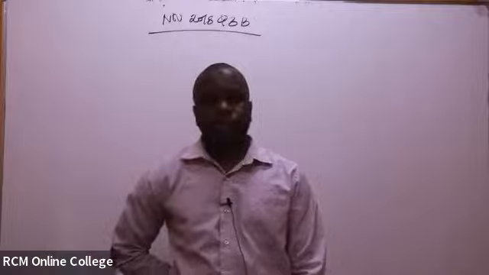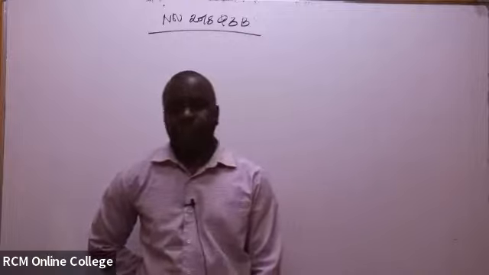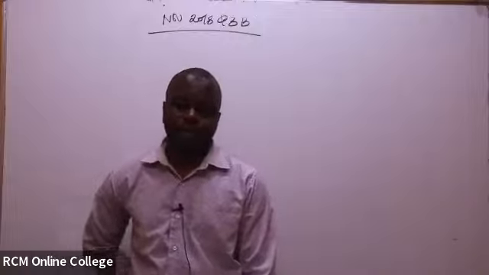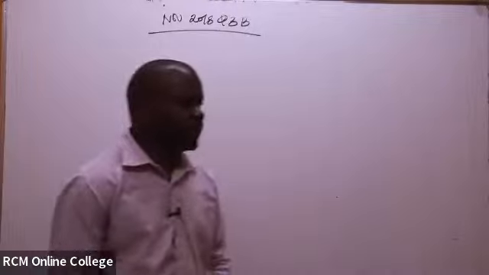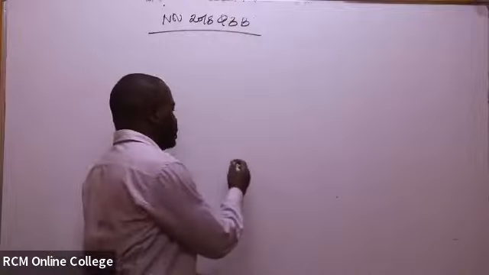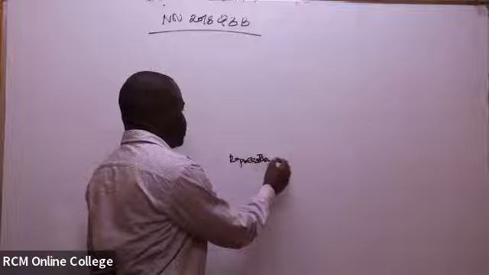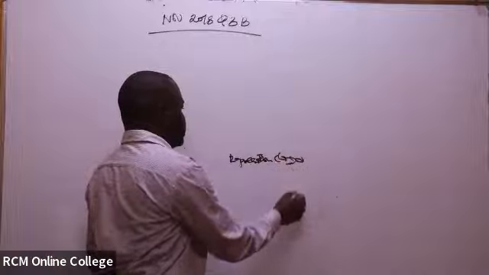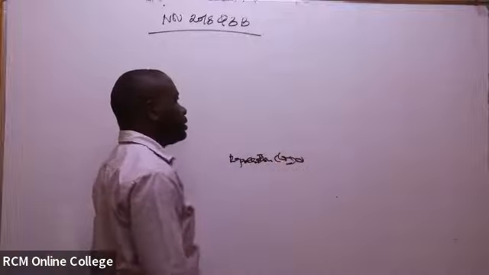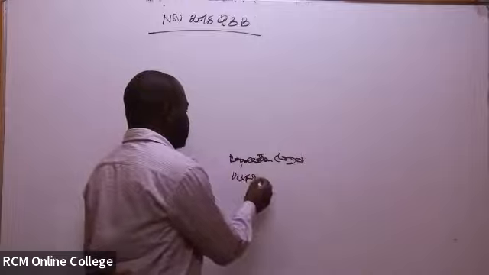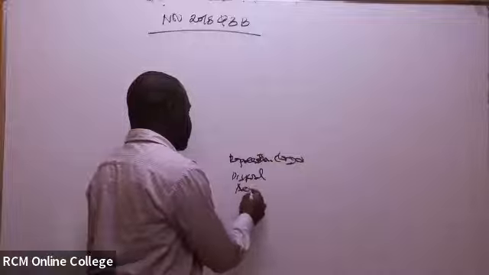Under the operating activities, we talk about depreciation that was charged during the year. Then under investing activities, we talk about, for example, disposal of assets or acquisition of assets.